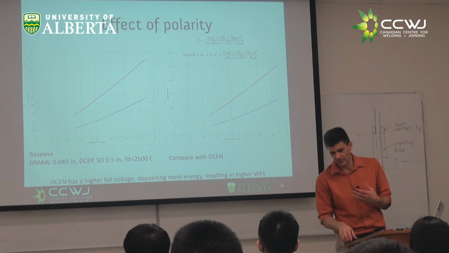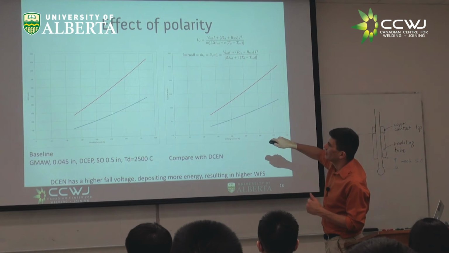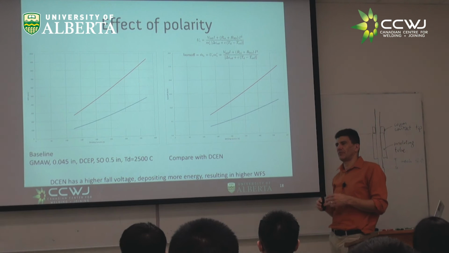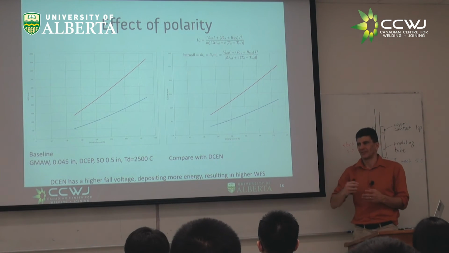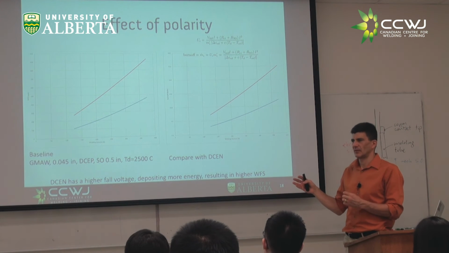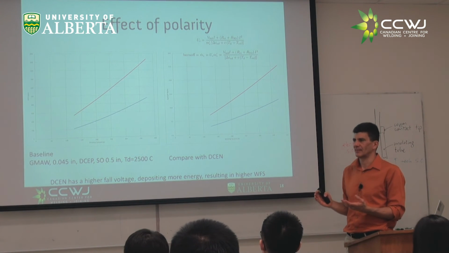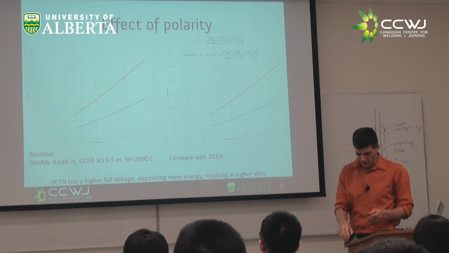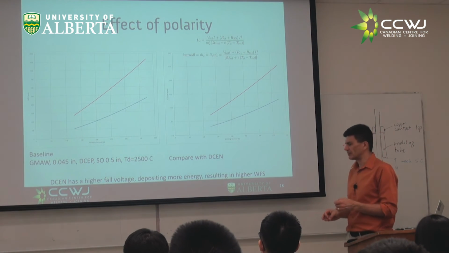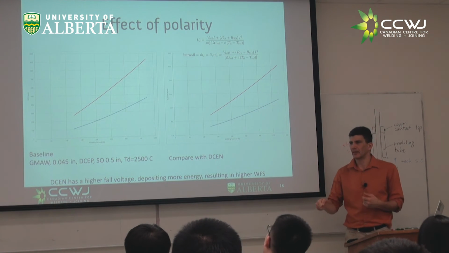I remember that, but it's going to be in the formula sheet. And then all of a sudden, if your fall voltage is so much higher, your deposition rate is so much higher. It's a lot higher. This is awesome for overlays, but you might have, for example, lack of penetration because you might not be melting enough plate.